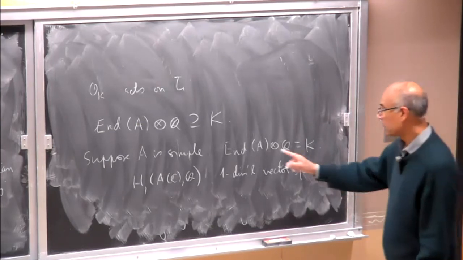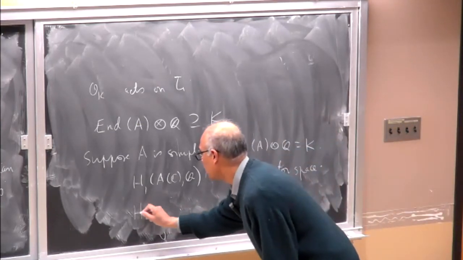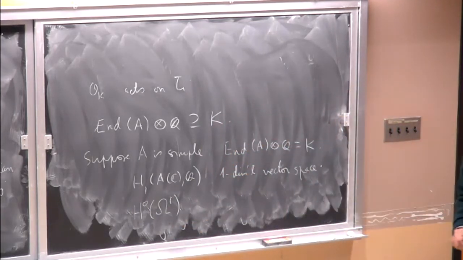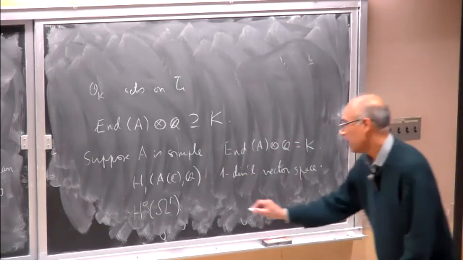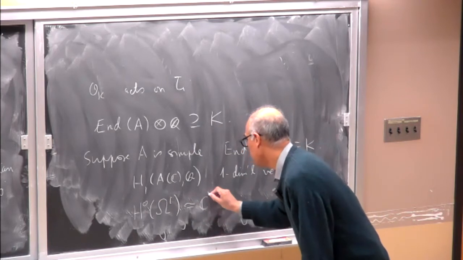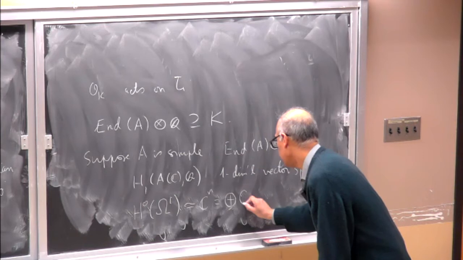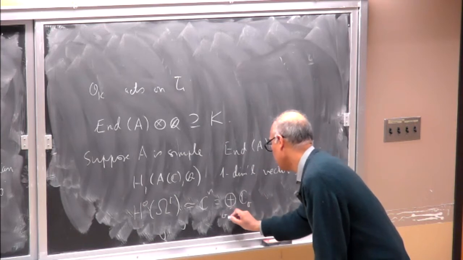And if I look on the cohomology, the holomorphic 1 forms on A, as a vector space, it's C to the N, which is in fact given by the C sigma, if you like, sigma in phi.